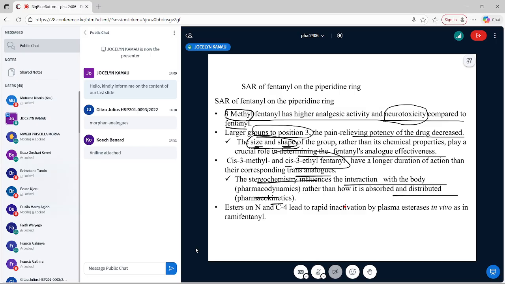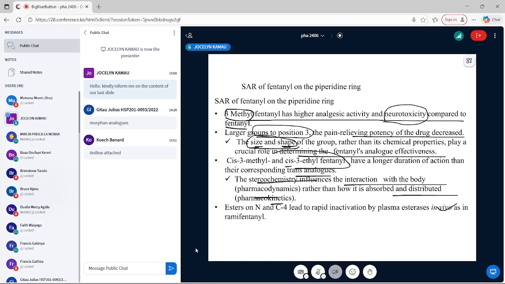We must also be able to get to the receptor, because when we get the axial conformer, that is the right shape for interacting with the receptors. Esters, again, this we had already mentioned, all the terminal nitrogen and also carbon fall into rapid inactivation. So we are only saying, even in fentanyl, you can put a 3-methyl group and it has more activity, it has neurotoxicity, so we forget it.